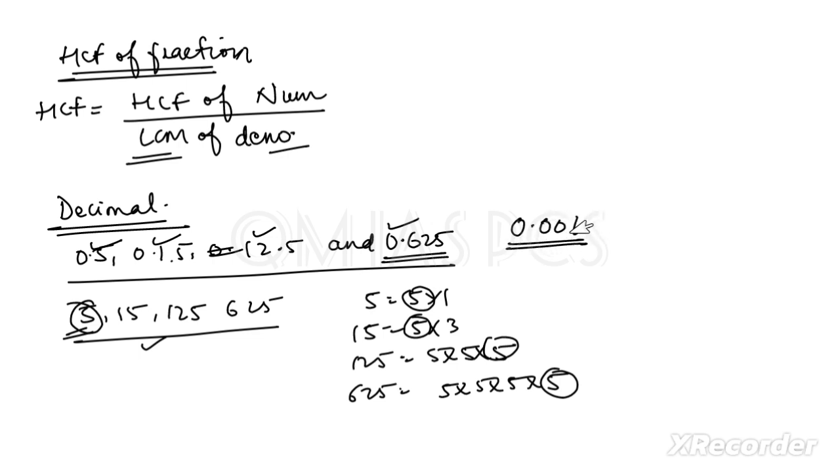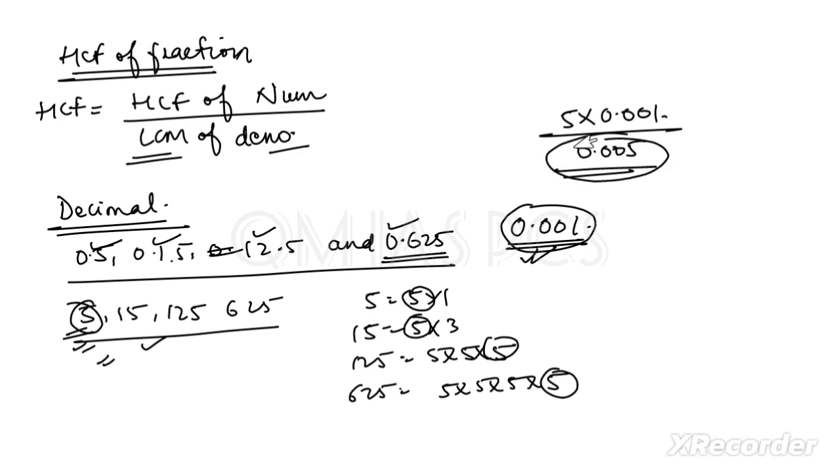So we will multiply this decimal place with the HCF. HCF is 5, so it will be 5 multiplied by 0.001, which is 0.005. So for decimals we have to find the maximum decimal place, and then multiply it with the HCF of the numbers without decimal.